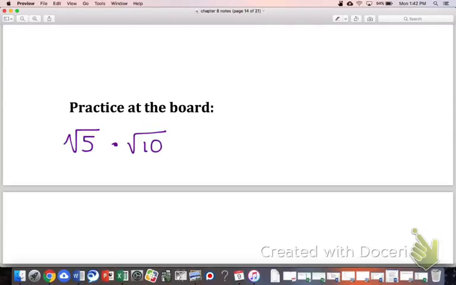Okay, ready to go. Square root of 5 times square root of 10. Got it? Once you think you've got it, there we go.